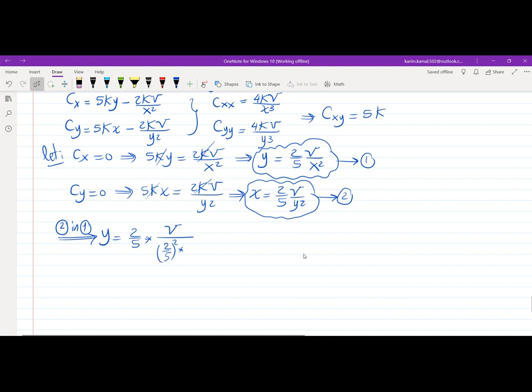We can cancel this v with this square and this 2 with this power, and this will lead us to y equals 5 over 2v y power 4, and we can divide it by y.